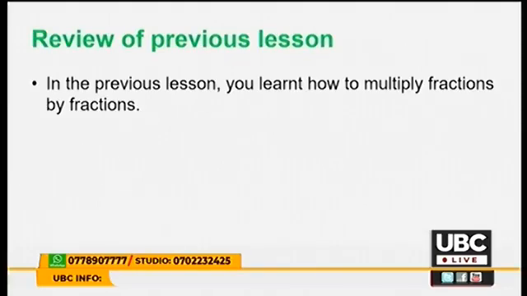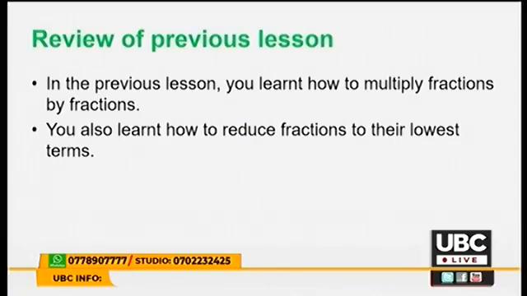But before we proceed, let's review the previous lesson. In the previous lesson, you learned how to multiply fractions by fractions. You also learned how to reduce fractions to their lowest terms.